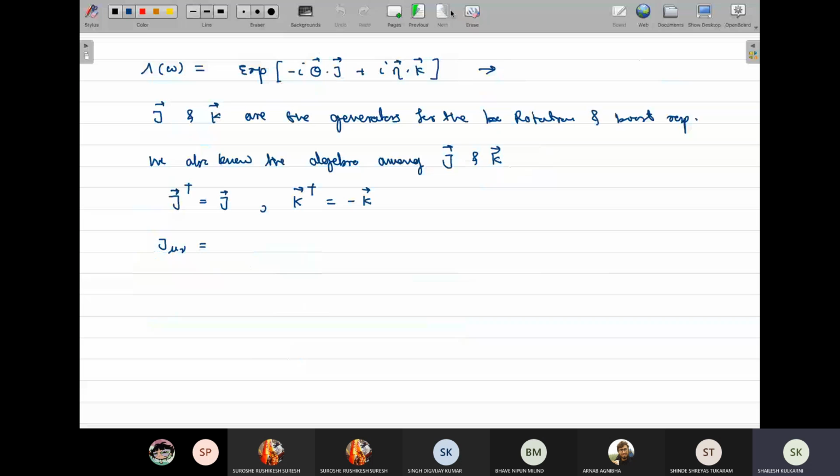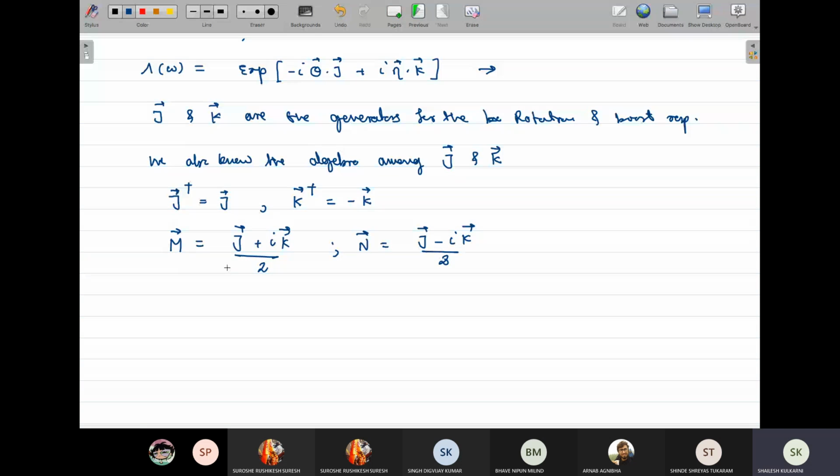So let me construct a linear combination of J's and K's. That linear combination is given by M equal to (J plus iK) by 2, and N equal to (J minus iK) by 2.